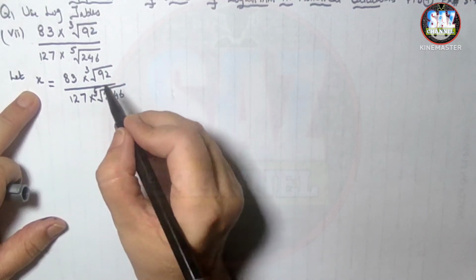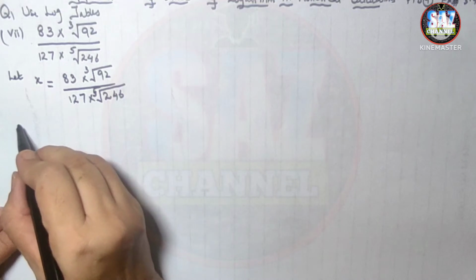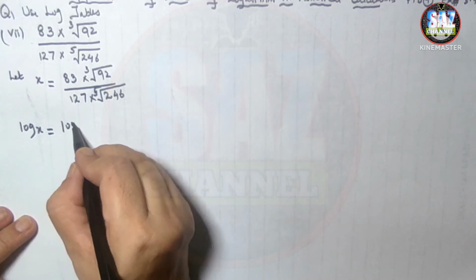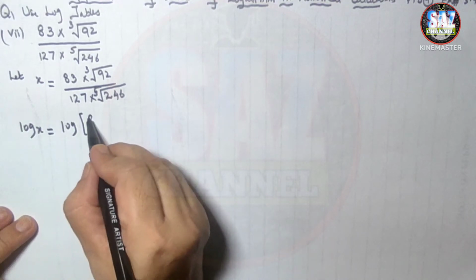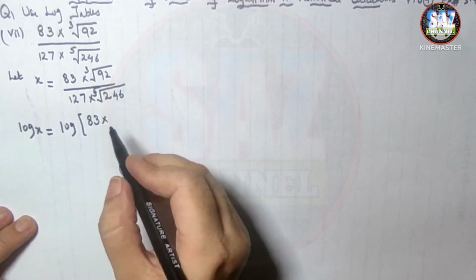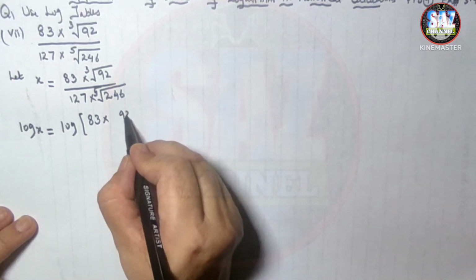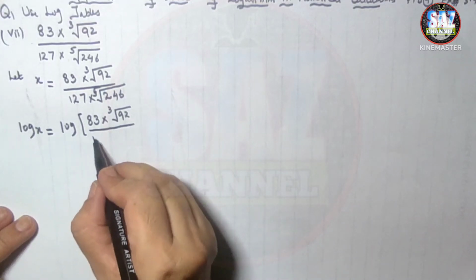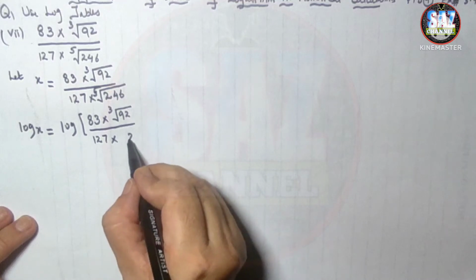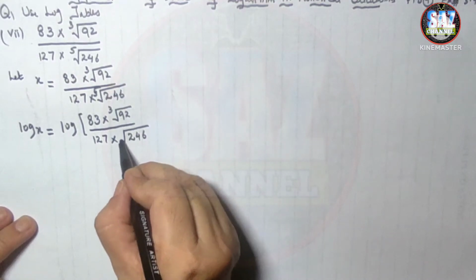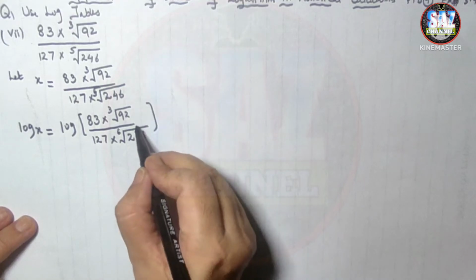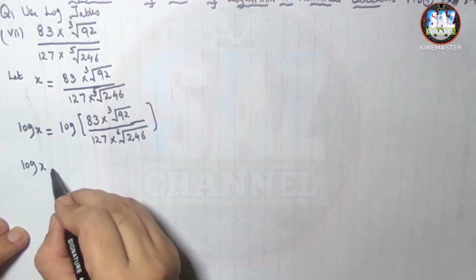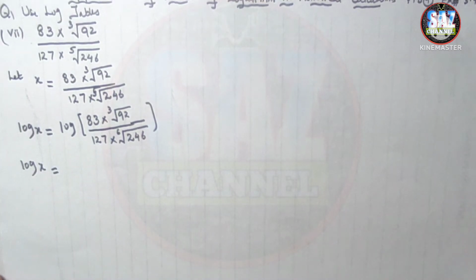Then what we have to do is take the log on both sides: log x equals log of 83 multiplied by the cubic root of 92 upon 127 multiplied by the fifth root of 246. So far we have done nothing. We have just taken log on both sides.